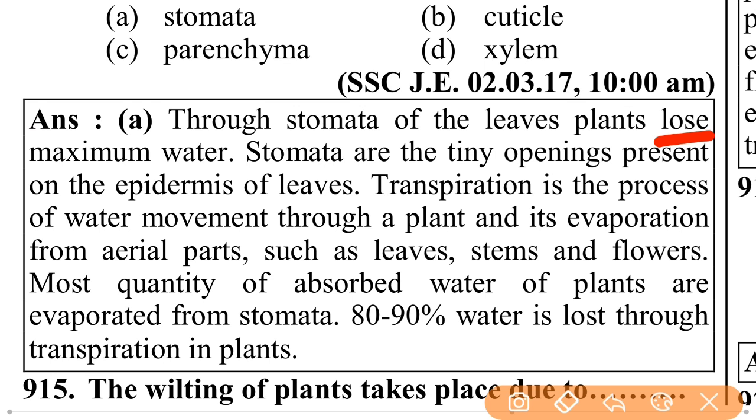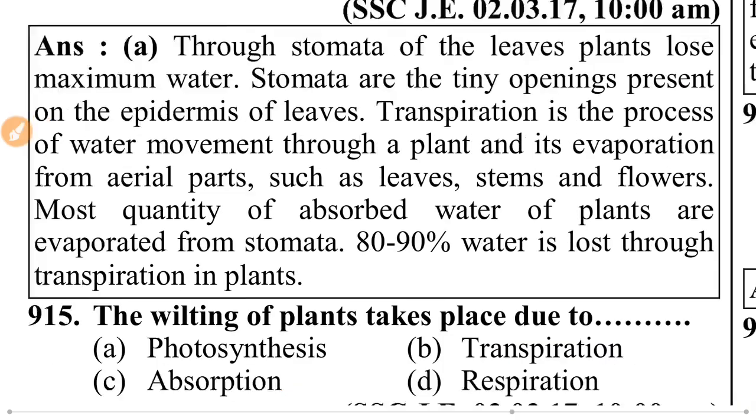Transpiration is the process of water movement through a plant and its evaporation from aerial parts such as leaves, stems, and flowers. Most quantity of absorbed water of plant is evaporated from stomata. 80 to 90% water is lost through transpiration in plant.